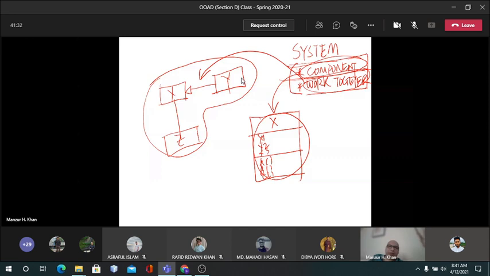Basically, the departments are the components. Like they might have a marketing department, a sales department, an administrative department, let's say a transport department as well. So these are all the different components of the organization.